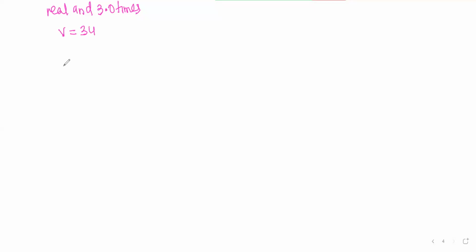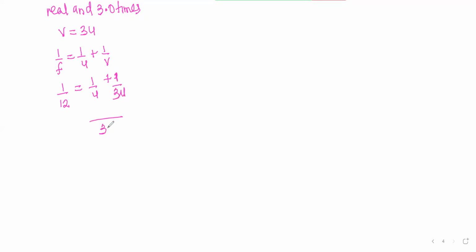But this time it's real, so plus. So 1 over F is equal to 1 over U plus 1 over V. And we are using RP, 1 over 12 is equal to 1 over U plus 1 over 3U.